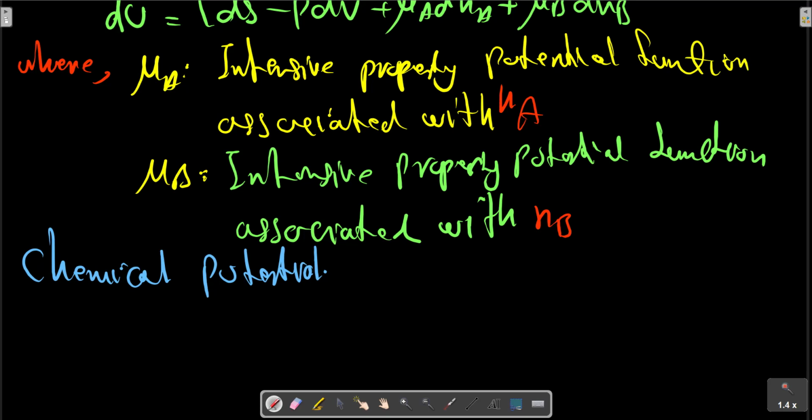To derive an expression for the chemical potential, consider the equation here.